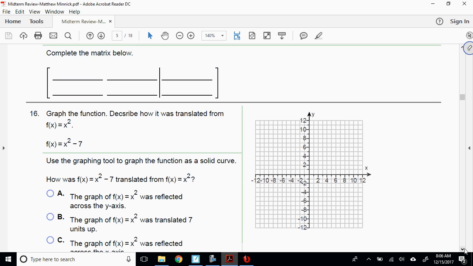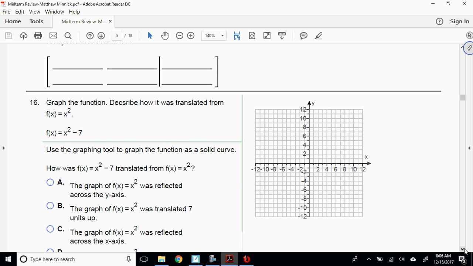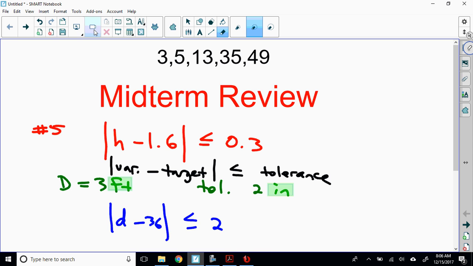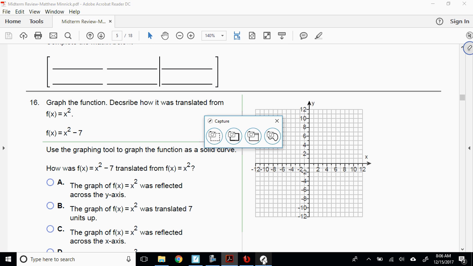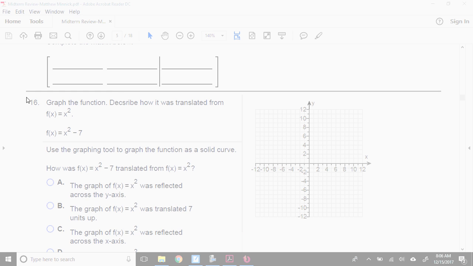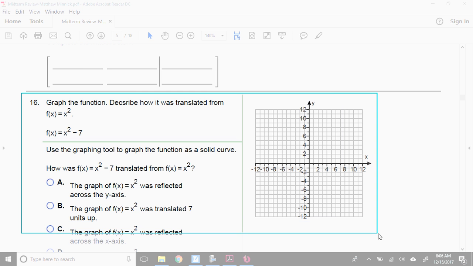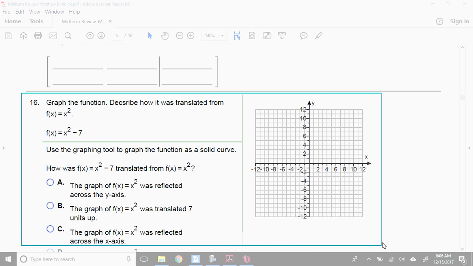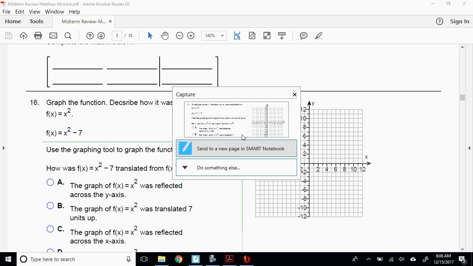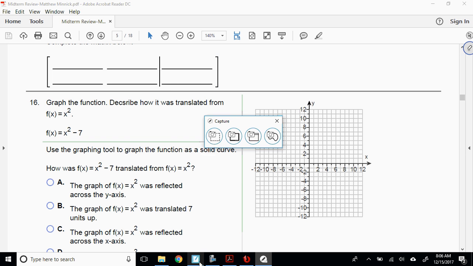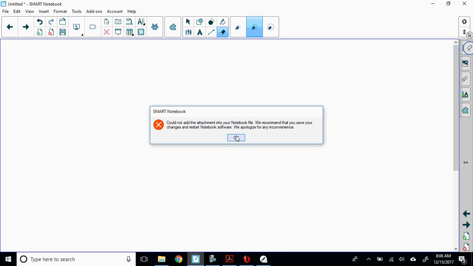Number 16. I guess I'm going to have to cut 16 out and put it on the smart board so that we can see the graph. Really going to give my computer a workout here. It's not going to like that.